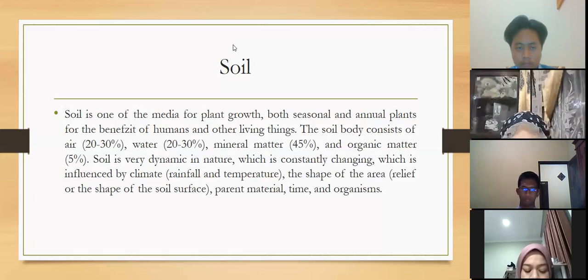Soil is very dynamic in nature, constantly changing, influenced by climate, rainfall and temperature, the shape of the area or relief, or the shape of the soil surface, and parent material.